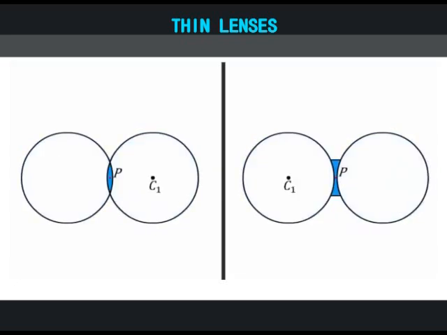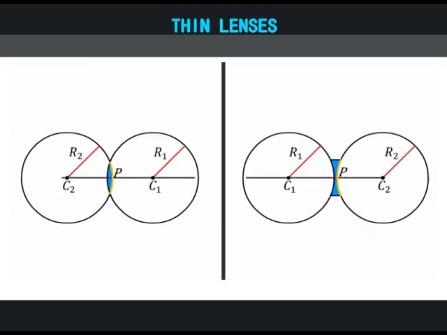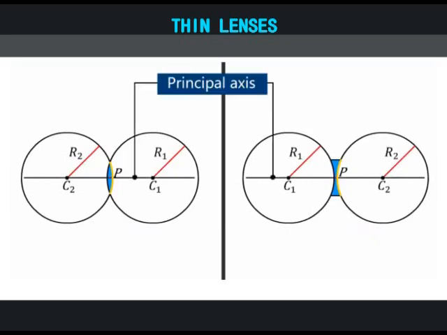C1 is the center of curvature corresponding to the first curved surface having a radius of curvature R1. And C2 is the center of curvature corresponding to the second curved surface having a radius of curvature R2. A straight line joining C1 and C2 is the principal axis of the lens.